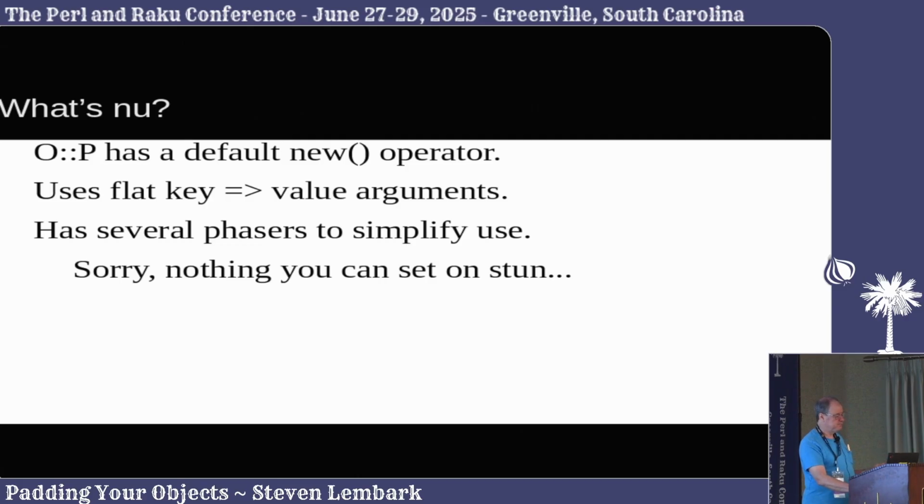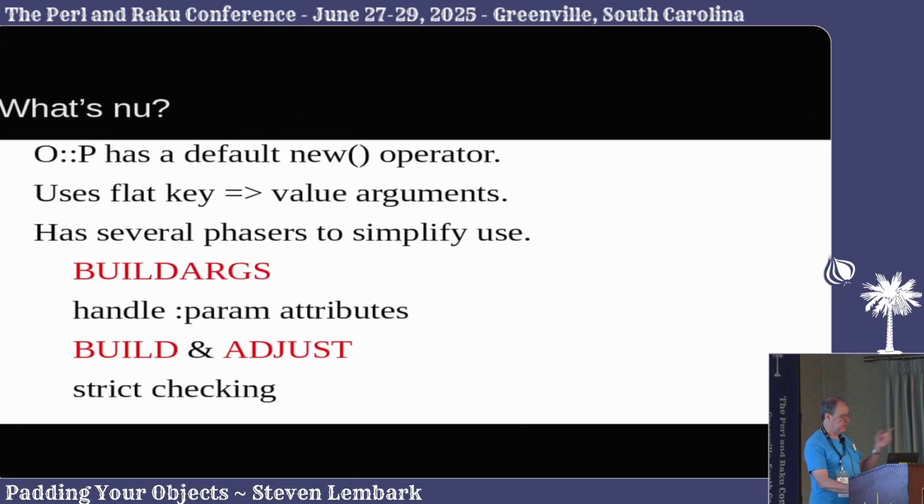So there's a new. The new operator. Everyone's got their own ways of passing arguments up to now. We've seen all the crazy mechanisms there are. The new that's here in Object::Pad is a flat key value. No hashes, no hash refs, no whatever. There are a set of phasers that you can use to manage how it processes those arguments, but they come as a flat key value list.